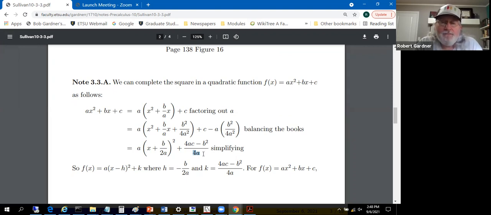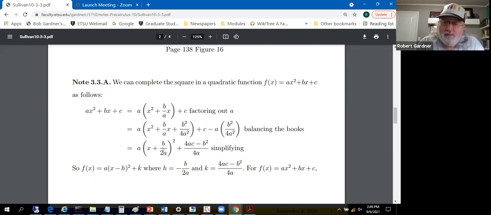So we could simplify this to the following. We could write this as f of x equals a times x minus h. We're going to take this as minus h. So we'd have to take h to be negative b over 2a. If you plug negative b over 2a in for h, we'll have x minus negative b over 2a, or in other words, x plus b over 2a.